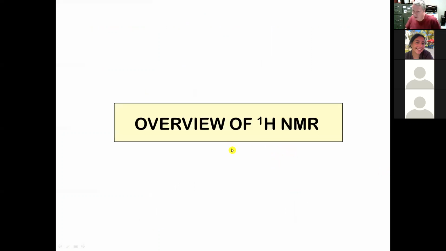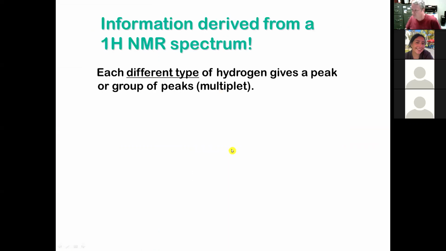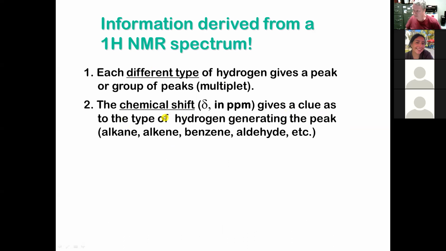All right, overview of proton NMR. Each different type of proton has a peak or group of peaks, and that could be a multiplet, like a doublet or a triplet. The chemical shift gives a clue as to the type of hydrogen. Is it an alkane? Is it an alkene? Is it a benzene? Is it an aldehyde? Is it next to a chlorine? Is it next to a pi bond? The little chart really saves you there.